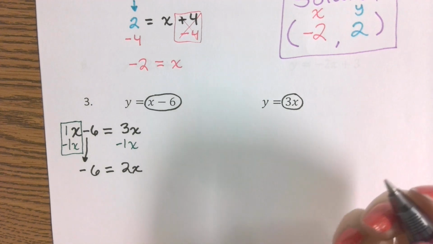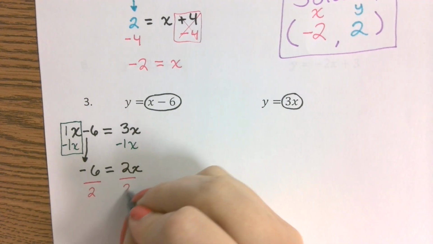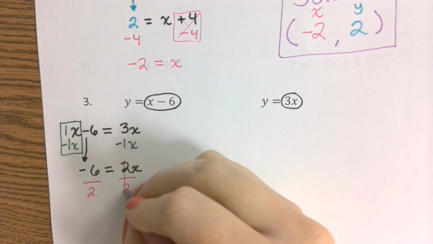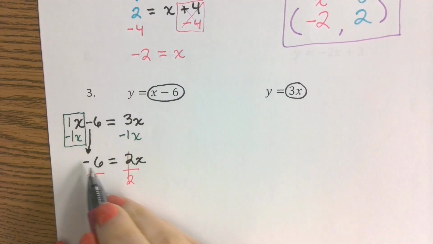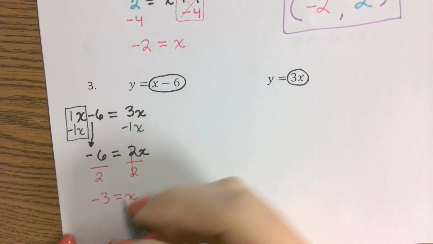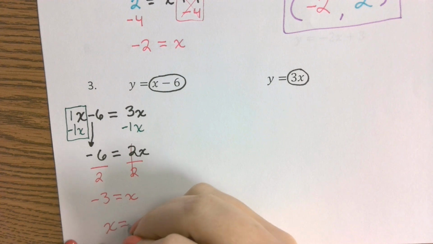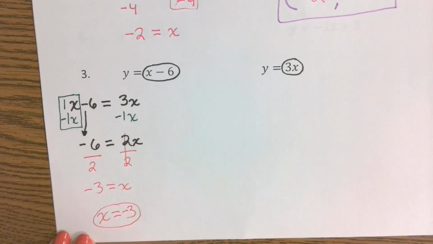And what are we dividing by? 2. We're going to divide both sides by a positive 2, and we'll get x isolated because those 2's will simplify to a value of 1. So negative 6 divided by 2 comes out to negative 3. So we get negative 3 is equal to x, or if you prefer to write it as x equals negative 3, that's what I like to do. So I'm going to circle that.